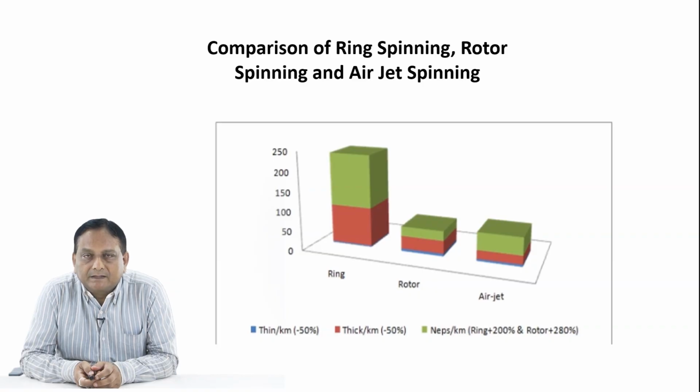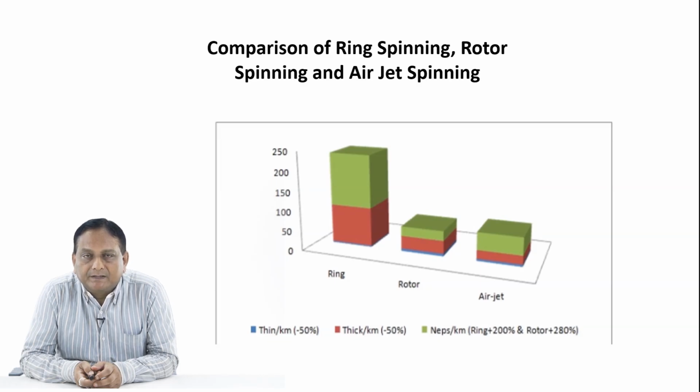So that is one disadvantage of ring spun yarn. Thick places are more, and similarly the naps are more in this case. Thin ends are almost equal to them. So they are more in yarn like ring spun yarn in comparison to air jet and rotor.